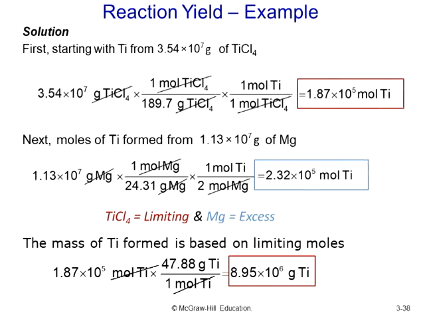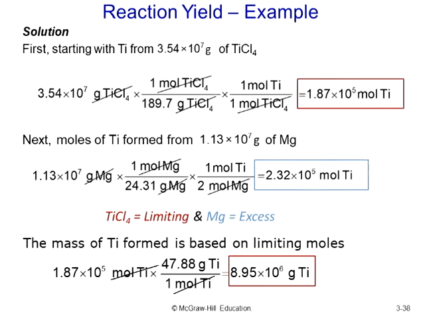Next, we want to get the moles of titanium obtained from magnesium. So we start with the magnesium given. We put the right units on the bottom, grams, because that's what's mathematically sound, over the moles. Then we do mole to mole, and we see mole to mole. That means that's an interconversion factor.